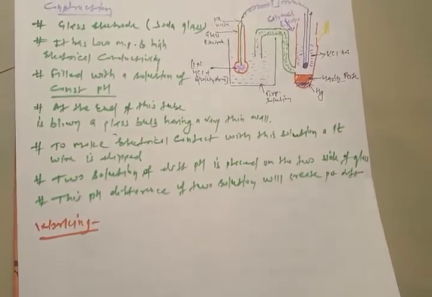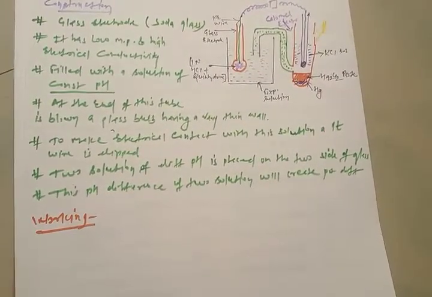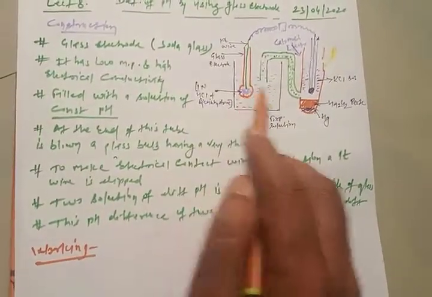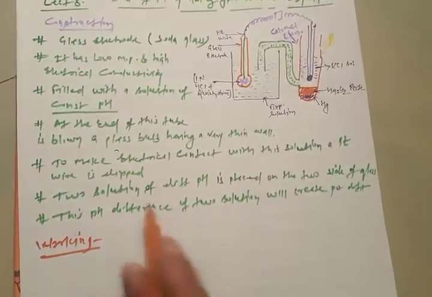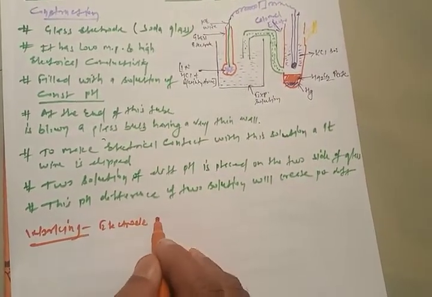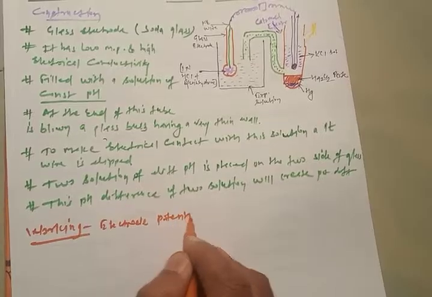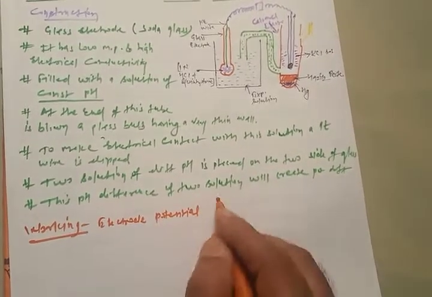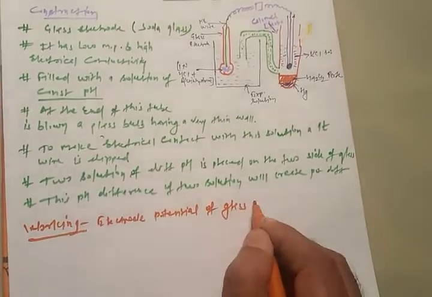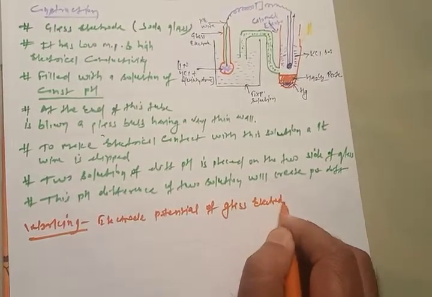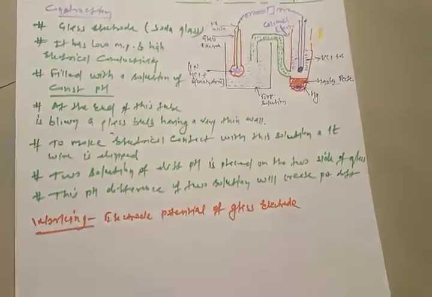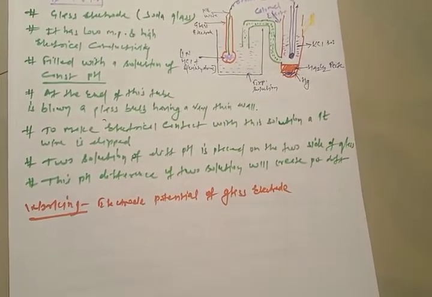So first we will find out the electrode potential at the glass electrode, because here the potential is generated because of the difference of these two solutions. So the electrode potential of the glass electrode, I am directly applying the Nernst equation, because we have already discussed it so many times.